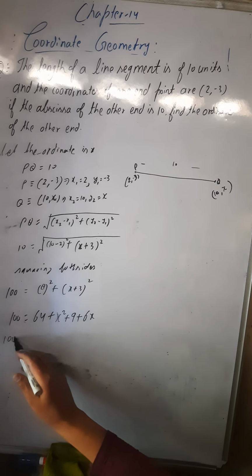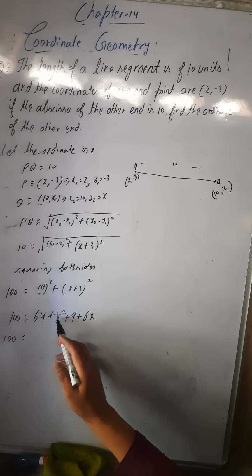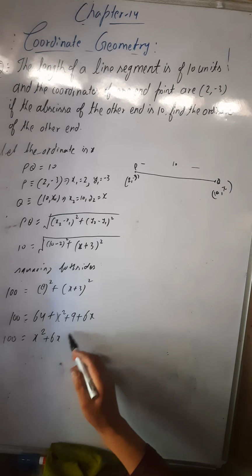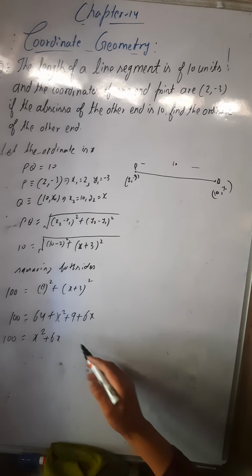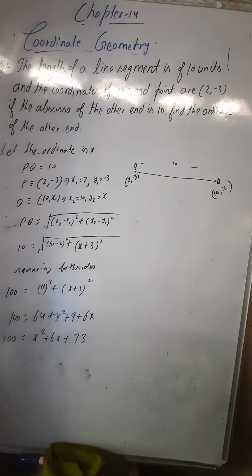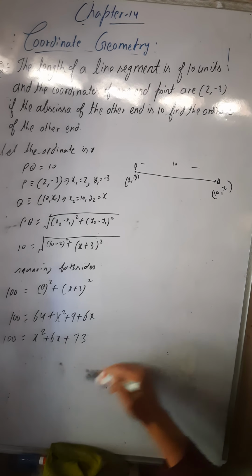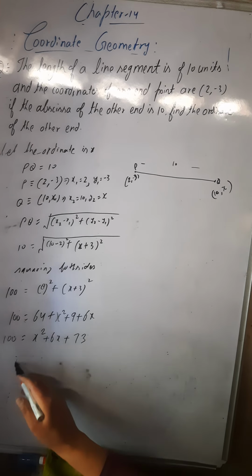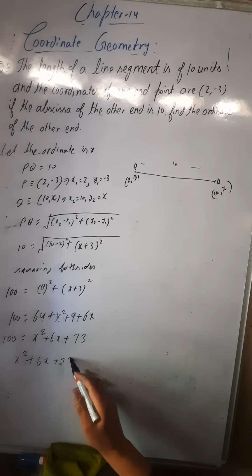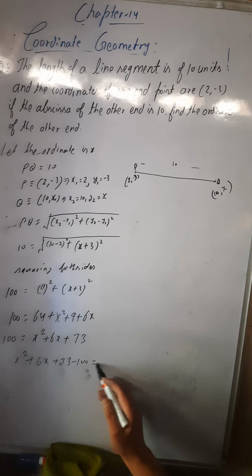It is 100 equals x square plus 6x plus 9 plus 64. How much will 9 plus 64 be? Yes, it is 73. So now this 100 will come here and it will become minus. So it will be x square plus 6x plus 73 minus 100 equals 0.